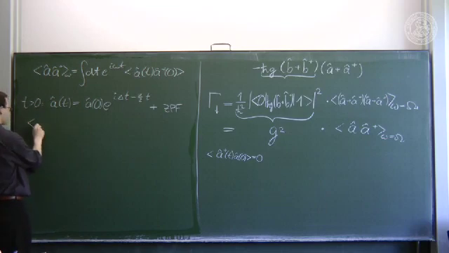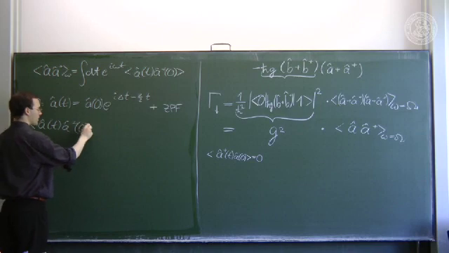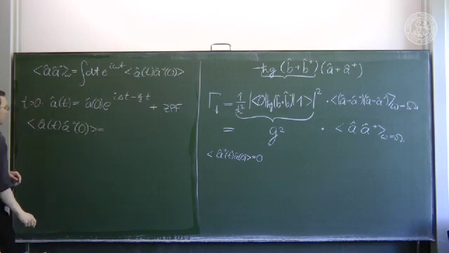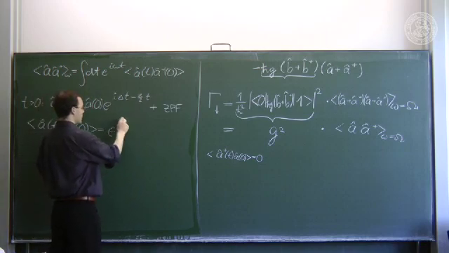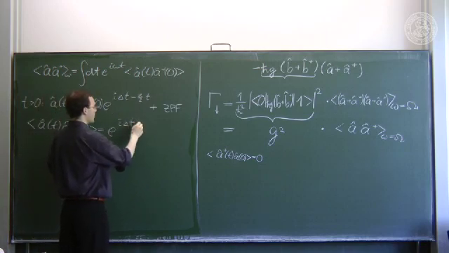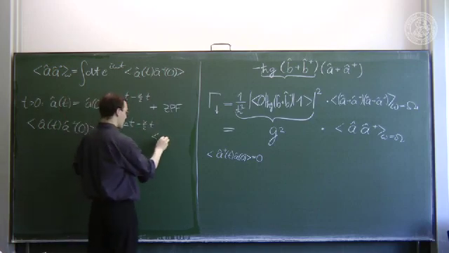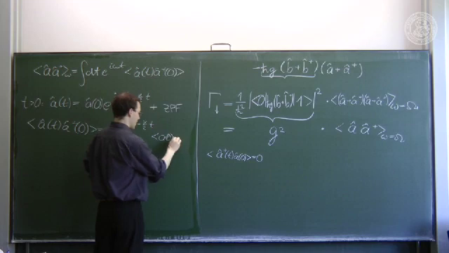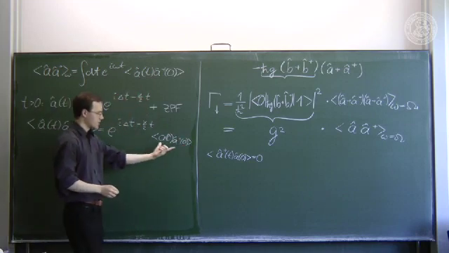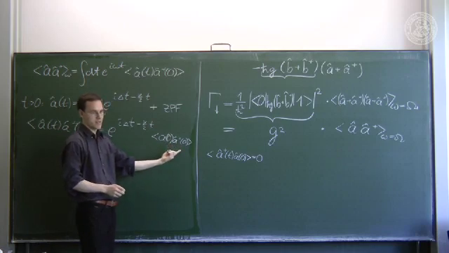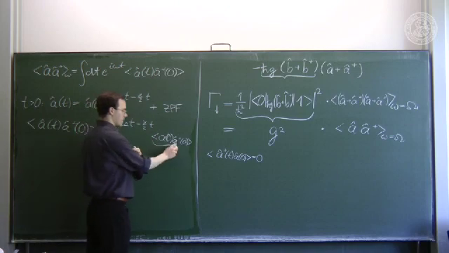So now if I take the expectation value of a of t, a dagger of 0, at least for times larger than 0 I can already claim it is e to the (i delta t minus kappa over 2 times t) times the expectation value of a of 0, a dagger of 0. Now again, the expectation value is taken with respect to the ground state. I excite a photon, I destroy the photon. This is just a matrix element of 1.